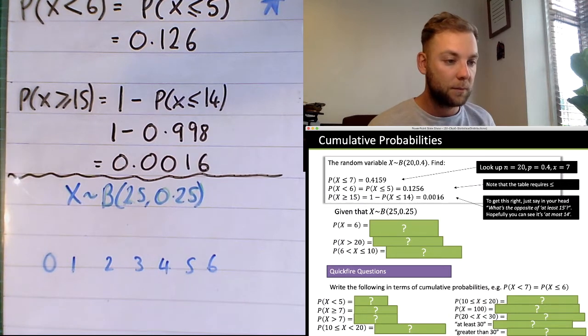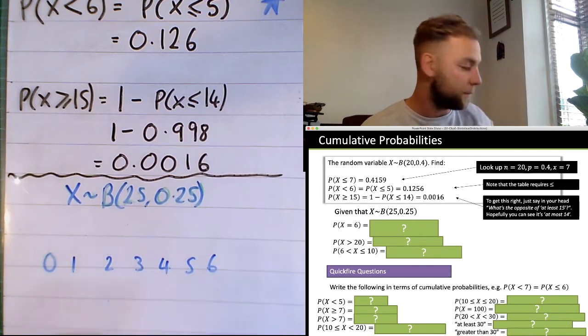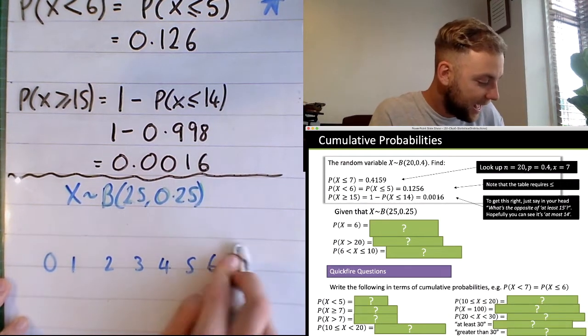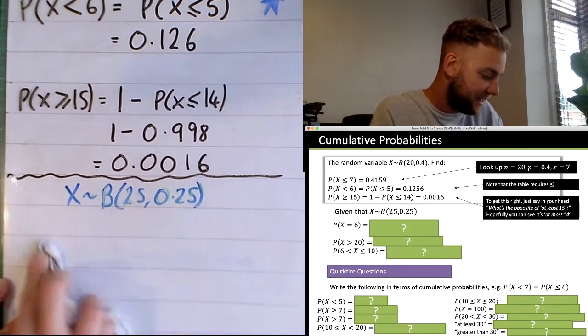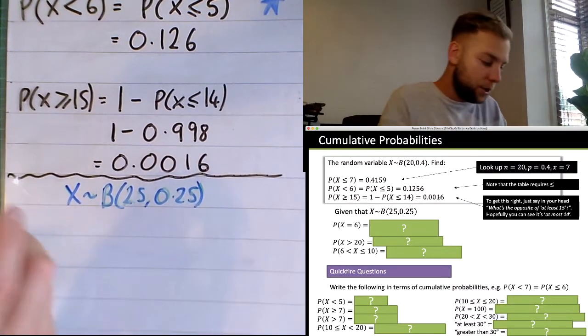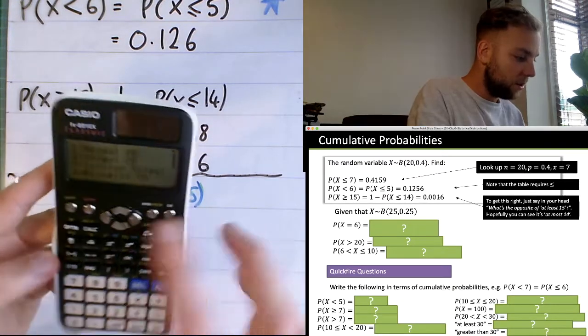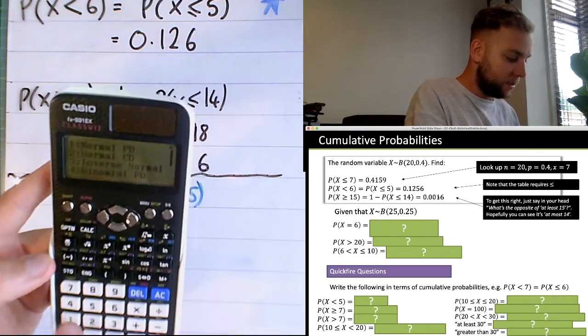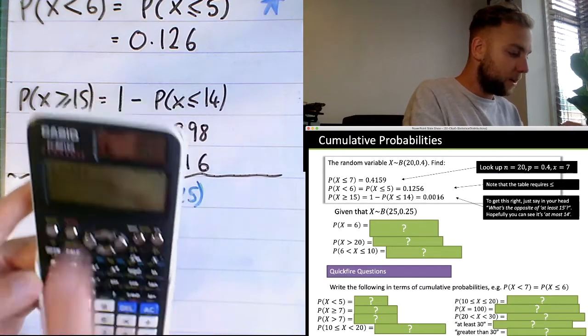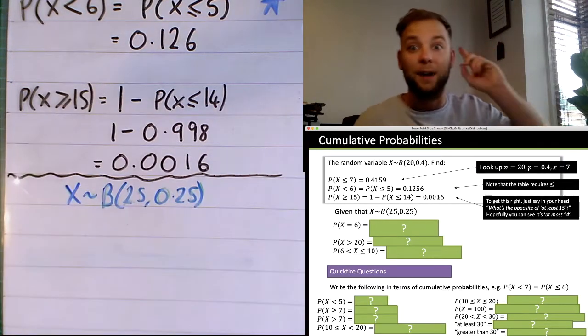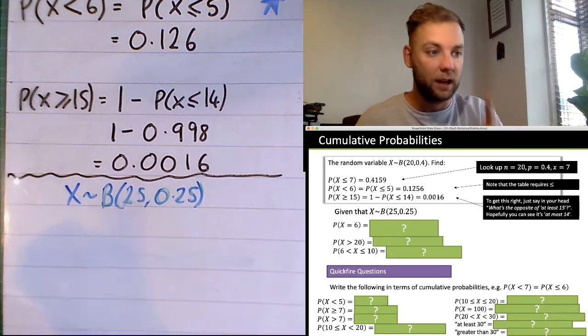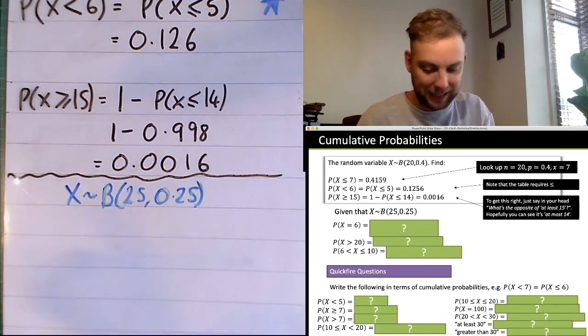So if I want just the probability of it being equal to 6, instead of using that CD button, now we're going to be using the PD button. So I go to 7, binomial PD, which is 4, click on variable. So this just works out for exactly 6 in this case.